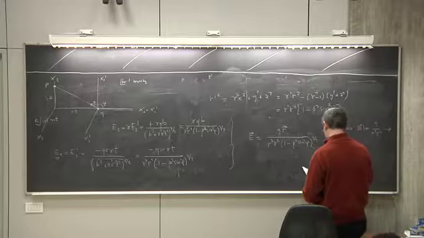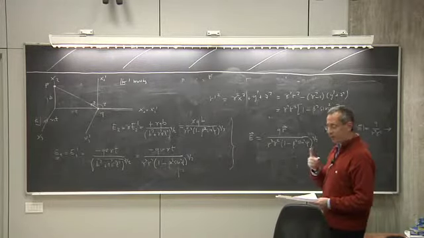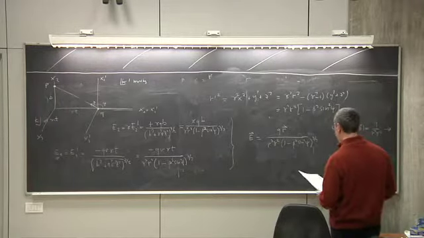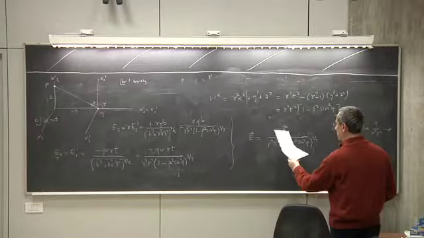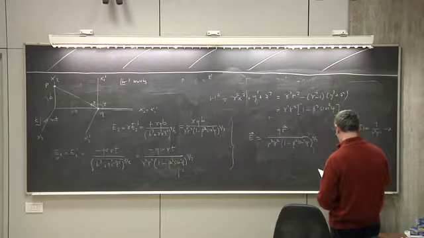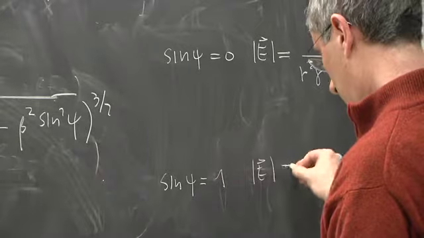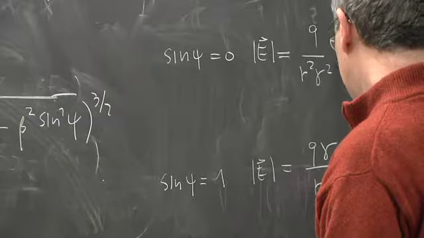In the opposite limit, when the sine of your angle is 1, right, you see, then actually, if this is 1, this simplifies, it's like a gamma 3.5 upstairs. So then the E field goes like Q gamma divided by this R square.